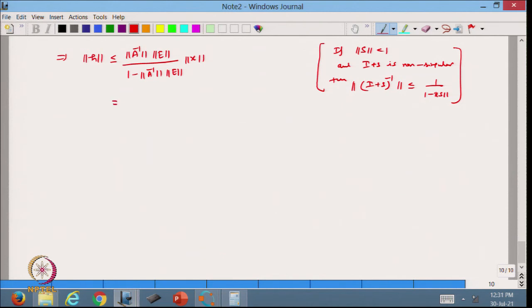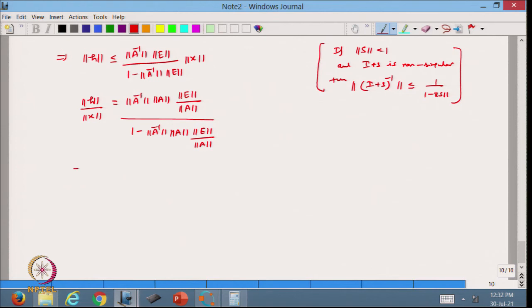Now, it can be written as A inverse, I can write here this, and this value, and maybe x I can take on the left hand side, divided by 1 minus A inverse, and I can define this as this one.